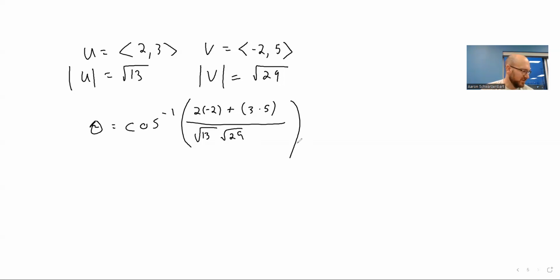We're going to do this in degrees. So I'm going to stick that into my calculator. And yeah, I'm going to do -4 plus 15 is 11. And I get 55.5 degrees.